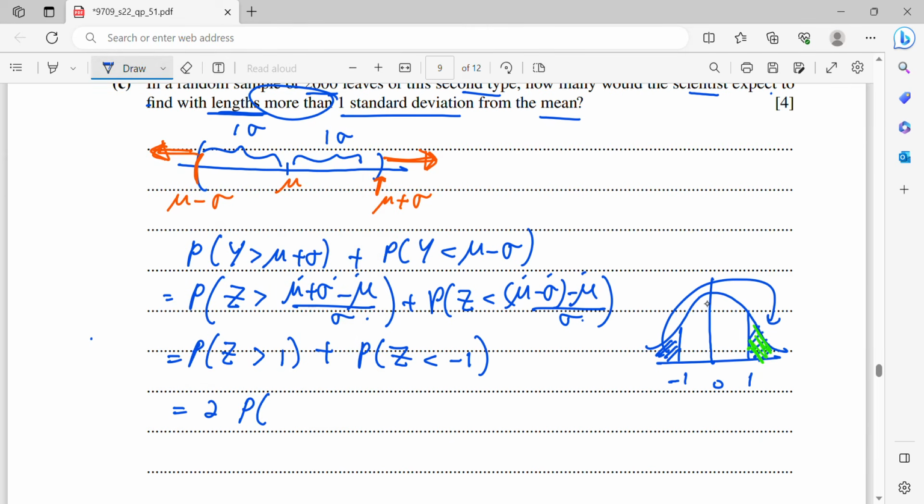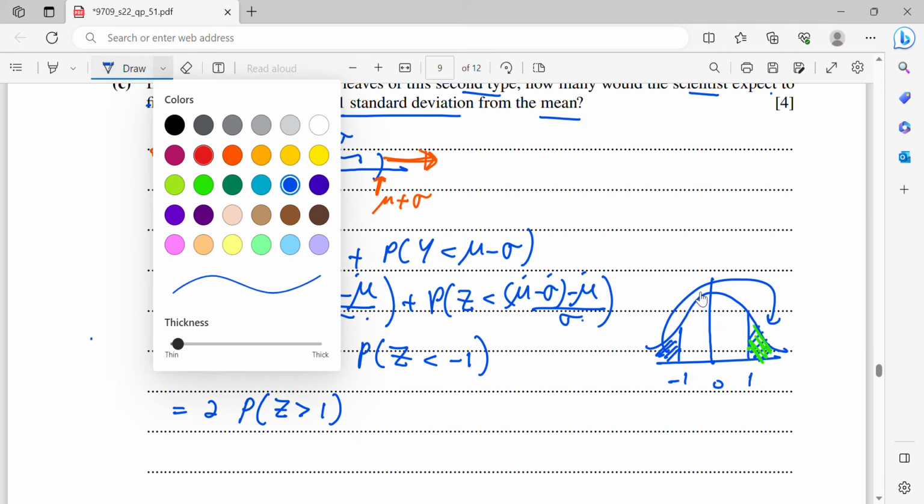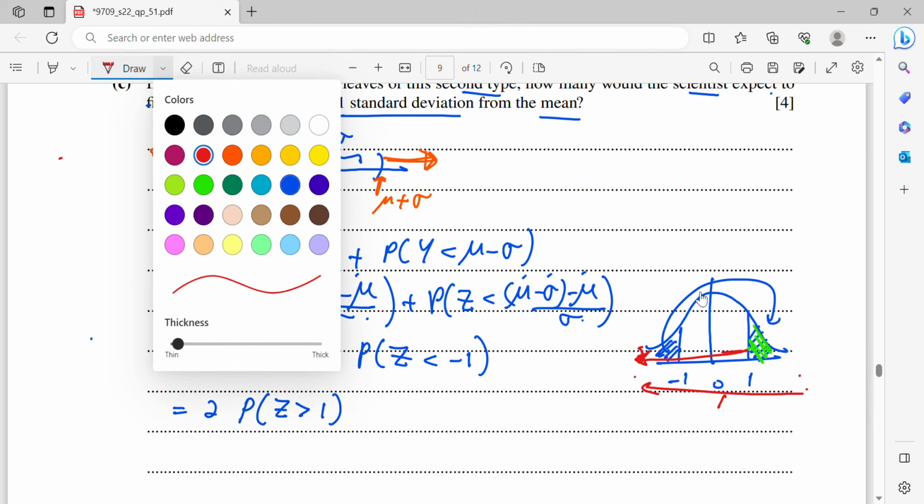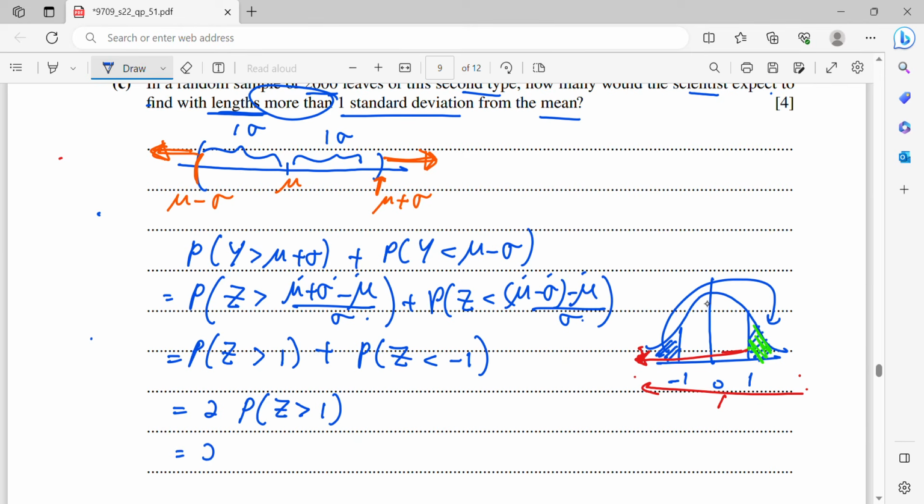The green region is basically the z more than 1. So when you refer to the normal table, you are given the region towards the left hand side. So in order to get the green region, I will use total probabilities, which is 1. Here is 1 minus P(z less than 1). Okay, so here is going to be 2 bracket 1 minus P(z less than 1).